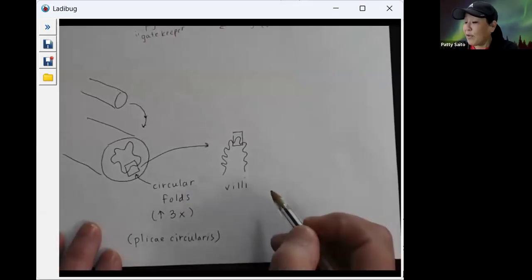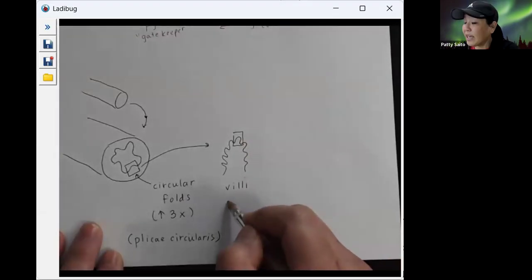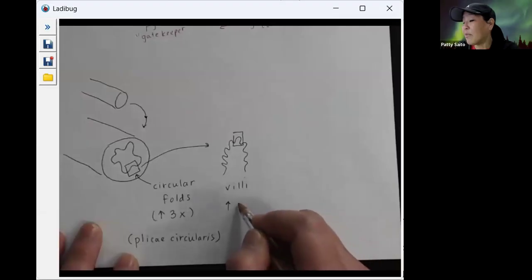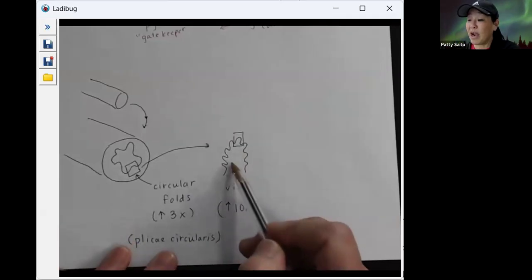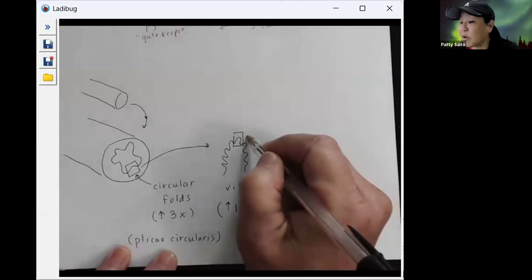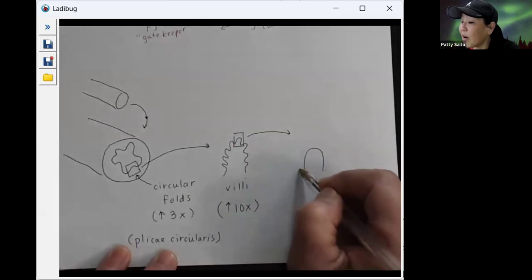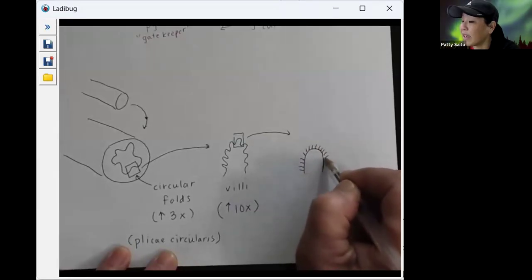Villi increase surface area by 8 more times or 10 more times. A lot more, and you can see why. But wait, there's more. Upon each villus, there are tiny hair-like structures called microvilli.